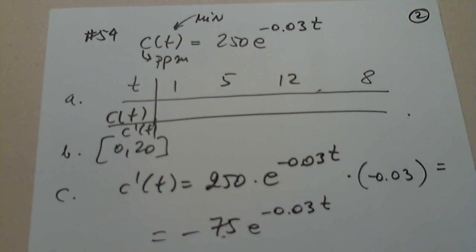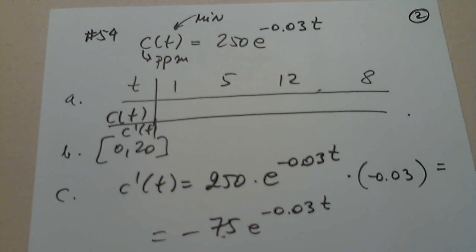Yes. Good, so I'm going to enter the derivative as well as negative 7.5 e raised to the same thing, of course, negative 0.03 t. Oh, it added. Good, that's awesome.